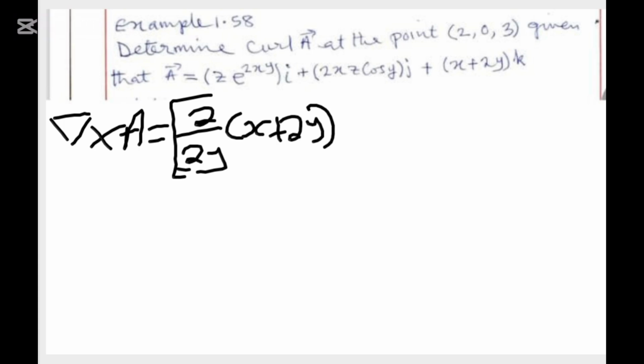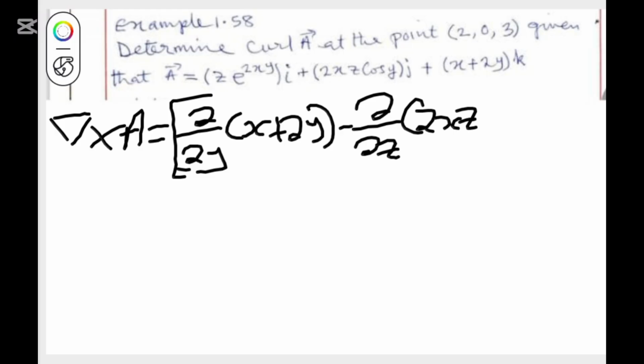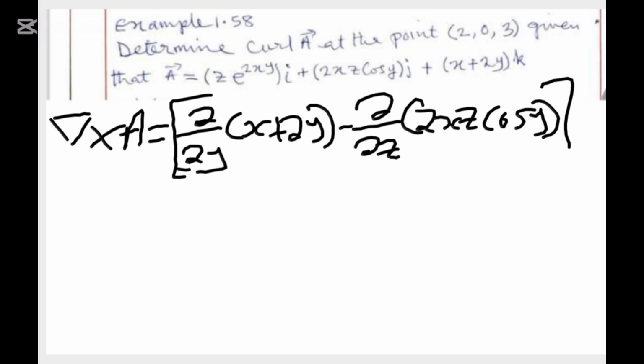Please don't be confused. Therefore minus d by the partial of this z, and we have 2xz, z cos y. So this is for i.